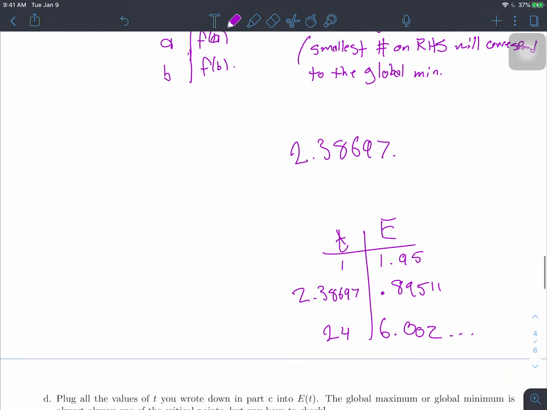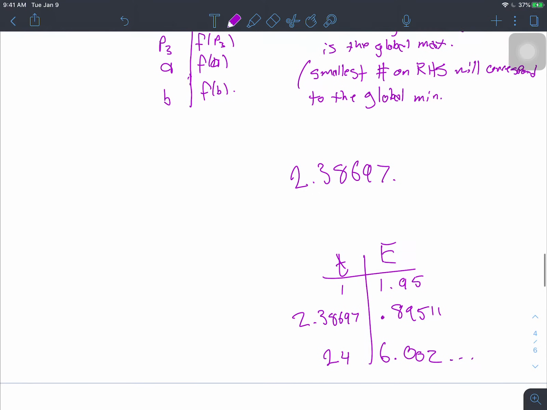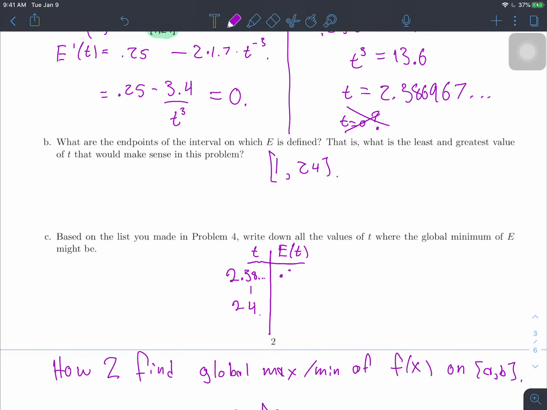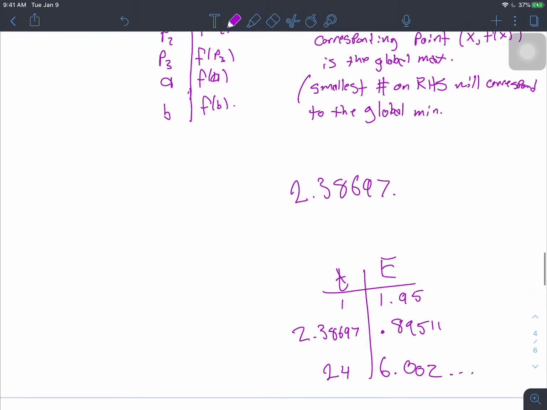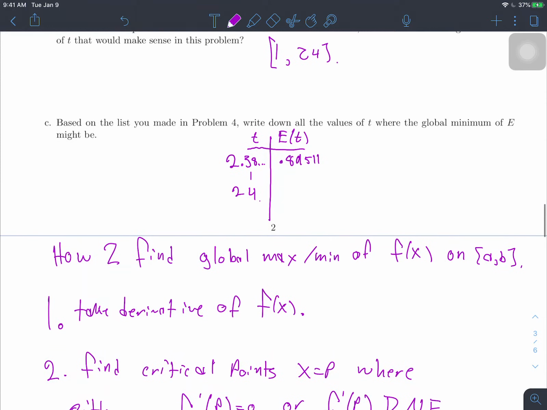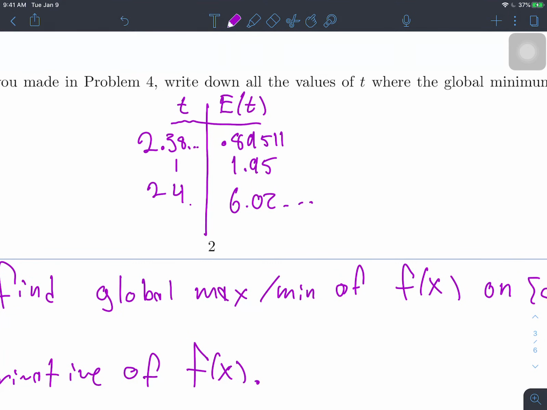Yes, I did. So it's 0.89511, 1.95, and then 6. Okay, so this is our table.